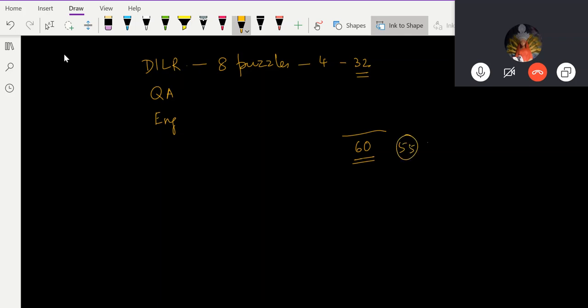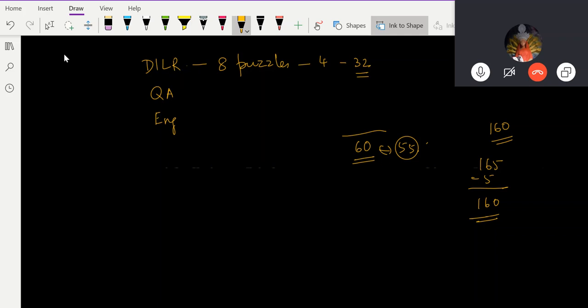If you do this, then your score automatically comes out to be 160. 55 into 3 is 165, and since you get 5 wrong, so minus 5, that is 160. This is good enough for all the IIM calls.